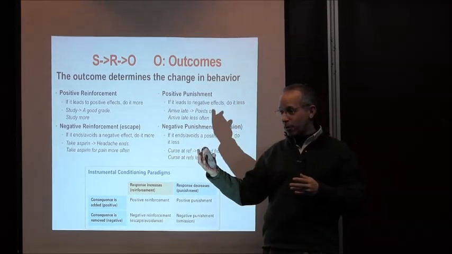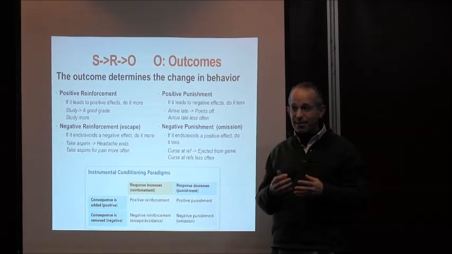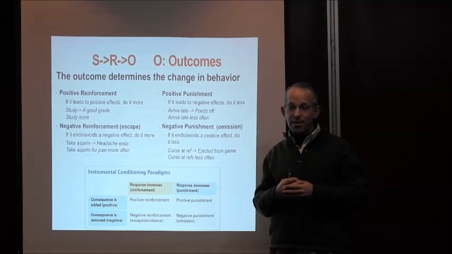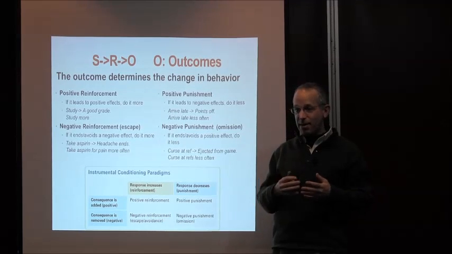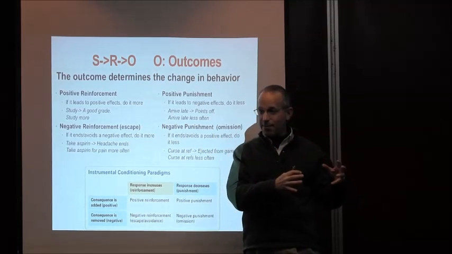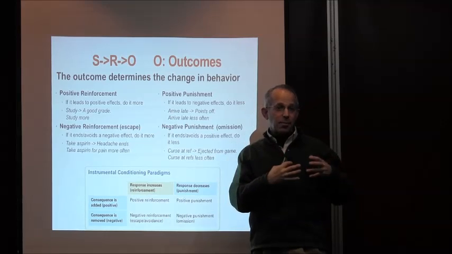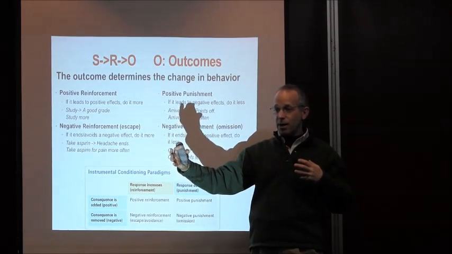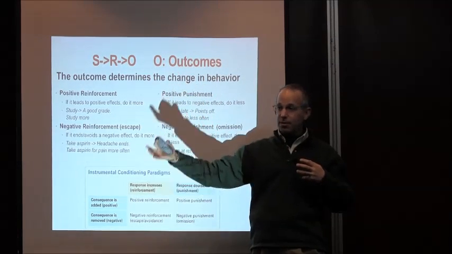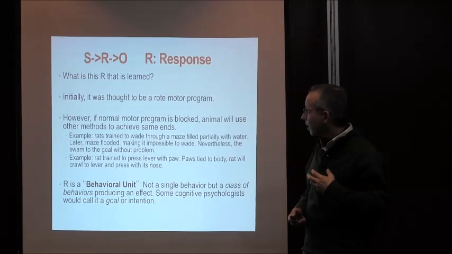It's good to have more of a good thing. It's bad to have less of a good thing. It's bad to have more of a bad thing. So you just have to be thinking about whether the outcome following the behavior is something good or bad, and whether or not you're getting punished or reinforced. Okay, we'll go through these a couple of times.